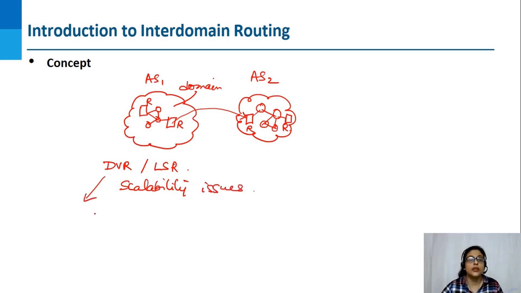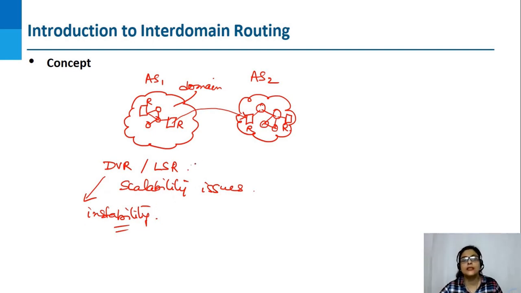Distance vector routing, if you recall, suffers from instability. Instability occurs if there are more than a few hops in the domain.